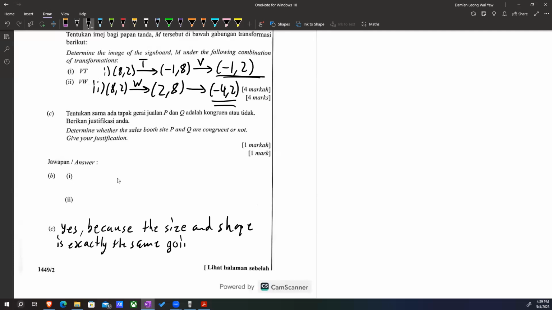And it stays the same when going through an isometric transformation, which is your rotation, reflection, and translation. If it goes through enlargement, then it changes size. Then it's no longer congruent.